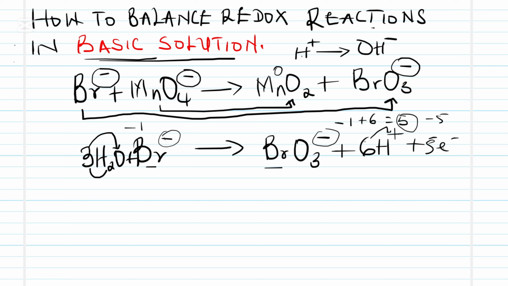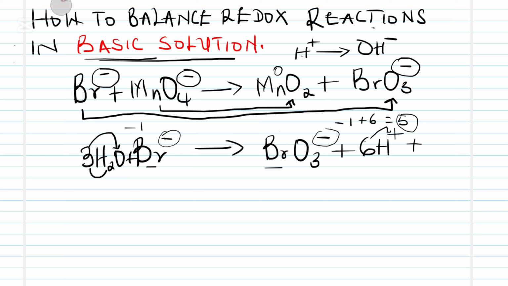You have a 0 on the right, but you have a minus 1 on the left. You end up getting a wrong solution. Therefore, we can't add 5 electrons. We must add more than 5 in order to make it a negative 1. So this is simple arithmetic, and I believe we've understood this.